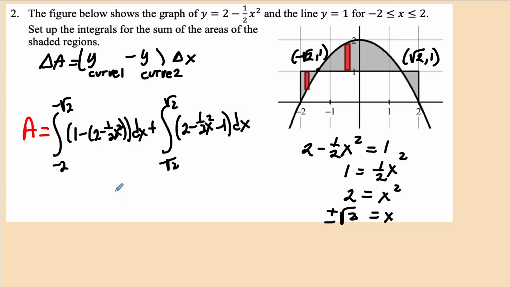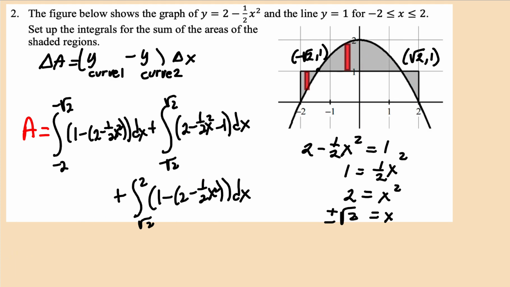And then I have one more here, integral from root 2 to 2. And again, I reverse myself, 1 minus 2 minus 1/2 x squared dx. Okay, and so there's 3 areas here, this area, and this area.